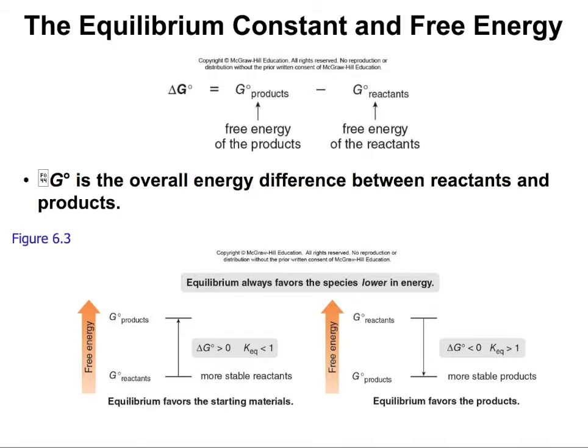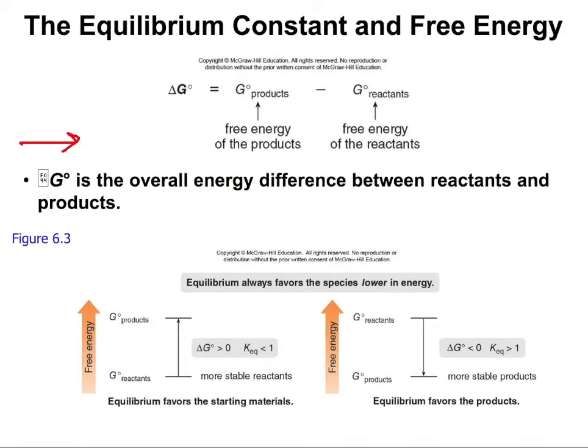So how do we decide if the reaction is going forward or backwards? To do that, we look at the equilibrium constant and the free energy, the delta G. What we want is a reaction that is moving forward.